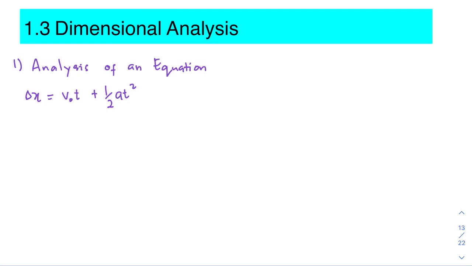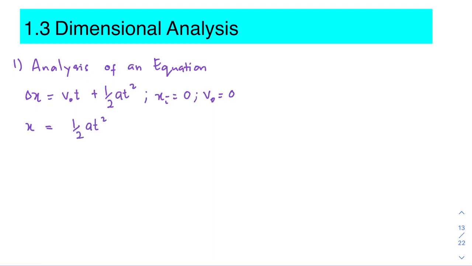Let's say the object starts from initial x equal 0, and v0 is at rest, or 0. With this condition, x final equals half a t squared.